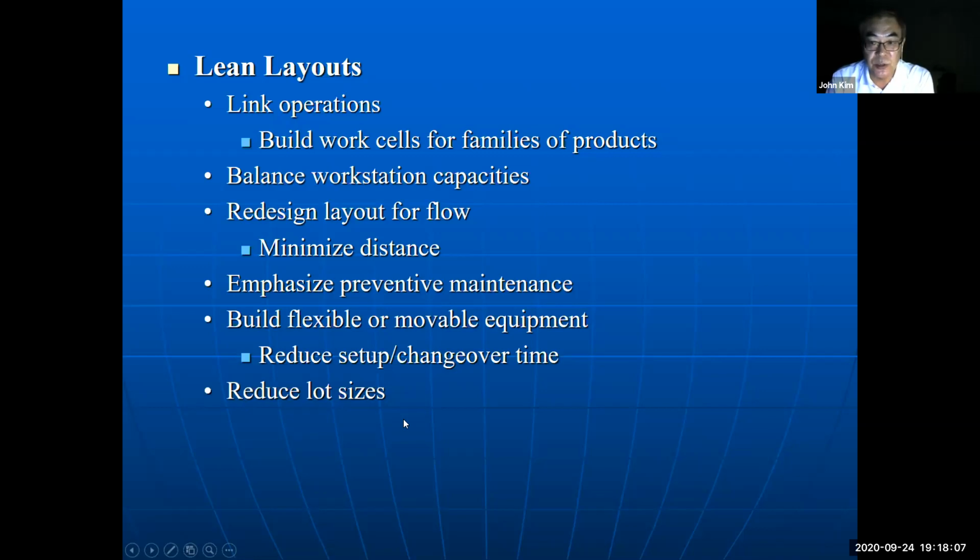JIT system uses smaller size. To use a smaller size order system, the focus factory network is necessary, because when we order small by small, the delivery distance or lead time is shorter. So JIT system uses a smaller size order system.